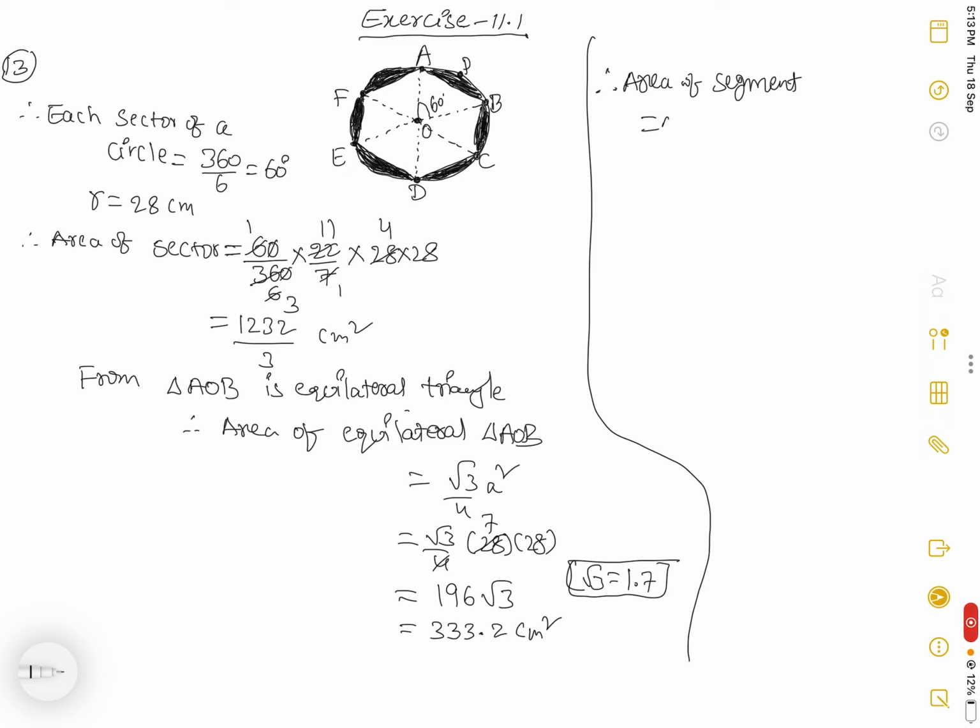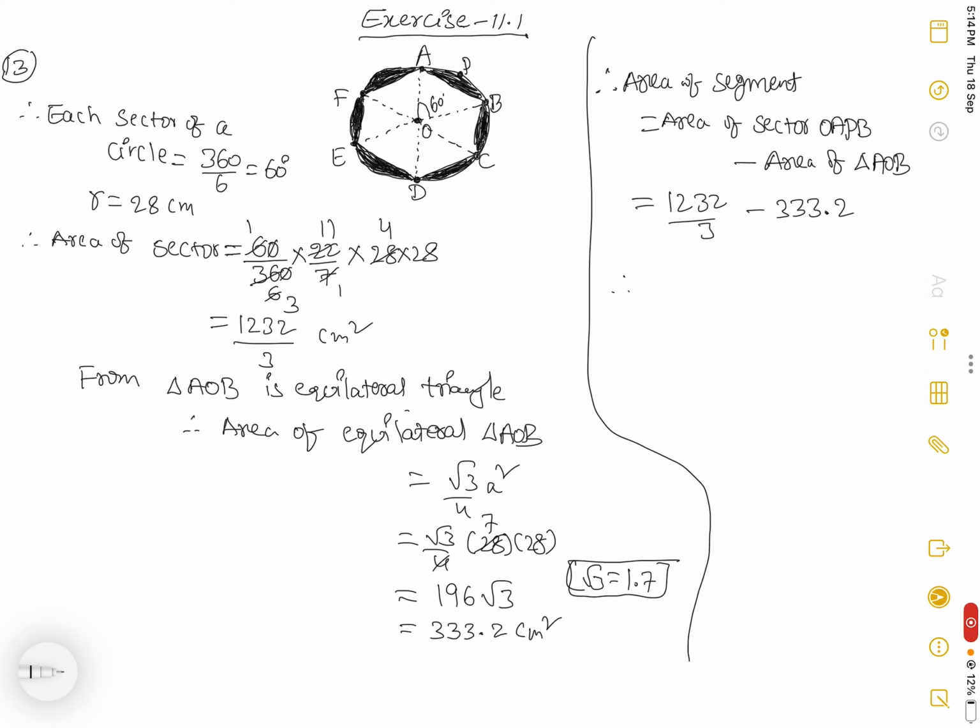We know the formula from this diagram: area of sector OAPB minus area of triangle AOB. The area of the sector value is 1232 by 3 minus the area of triangle AOB, whose value is 333.2.